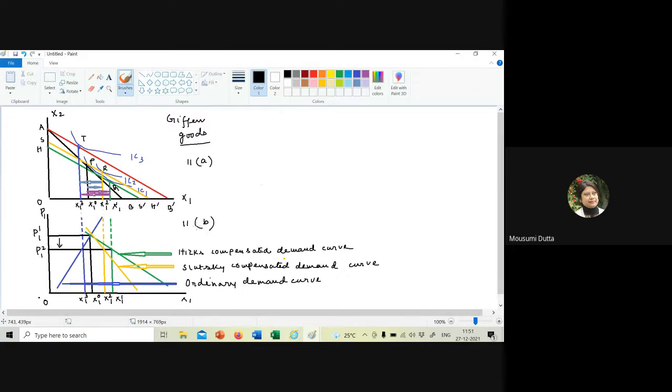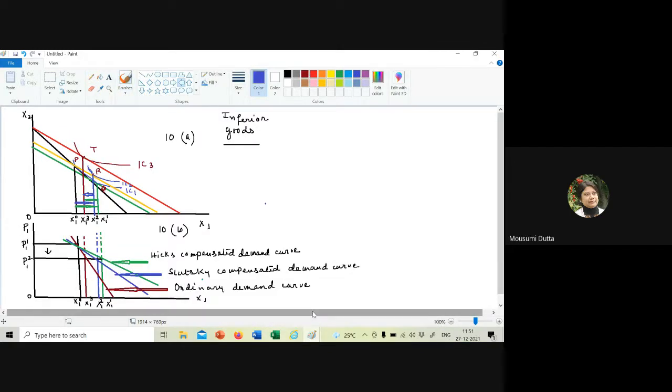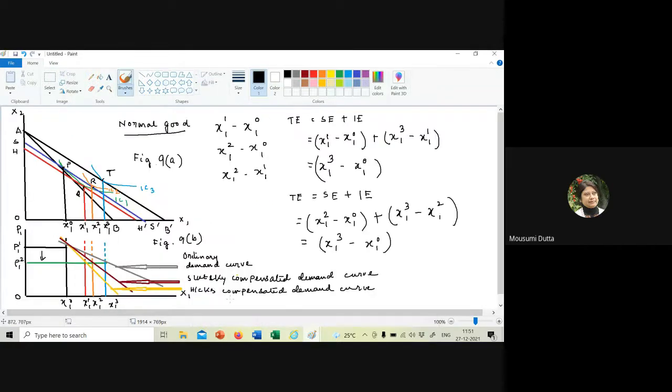Look at the vertical intercept for Hicks and Slutsky, be it the given good, the normal good, or the inferior good. In any case, what you are finding, OS is greater than OH or something else, out of the three diagrams?